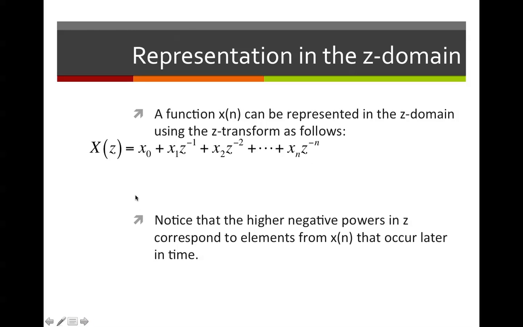So if we have a little n number of terms in our function, then the z transform would have n plus 1 terms, starting with x sub 0 and ending with the last term. One thing to note is that the higher negative powers in z correspond to elements from our data array x of n that occurred later in time. So really the z terms represent time shifted elements in our data array.